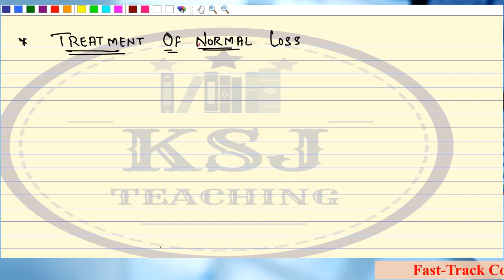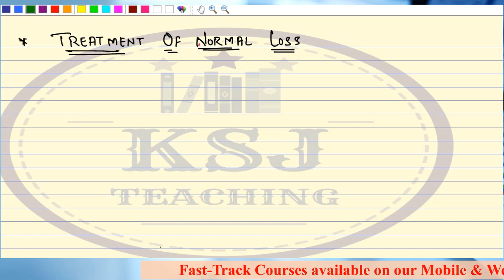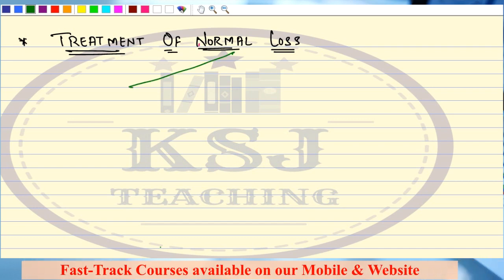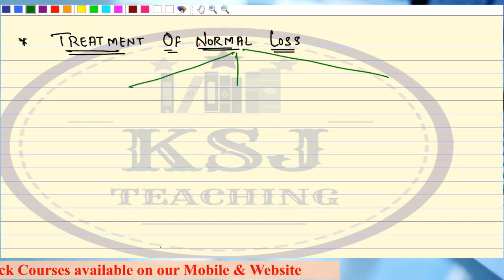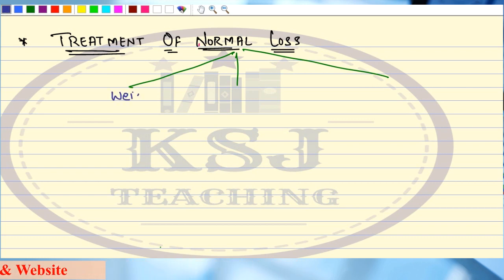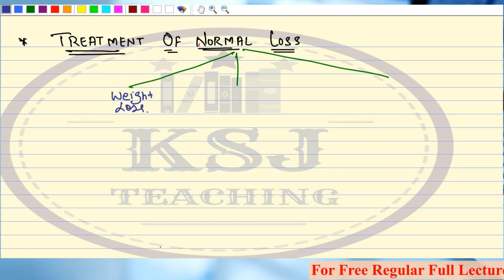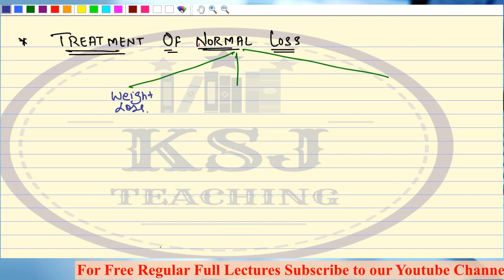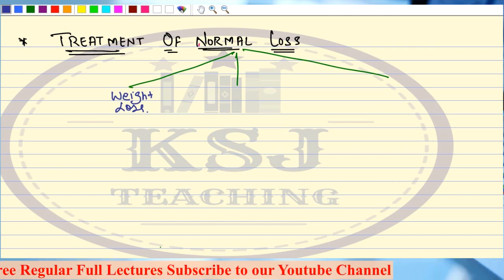Now the normal loss can be of various types, right? Broadly of 3 types. First, if it is in the nature of weight loss, that whatever raw material we have input, some of it has evaporated, that is a weight loss, evaporated in the form of fumes, right?